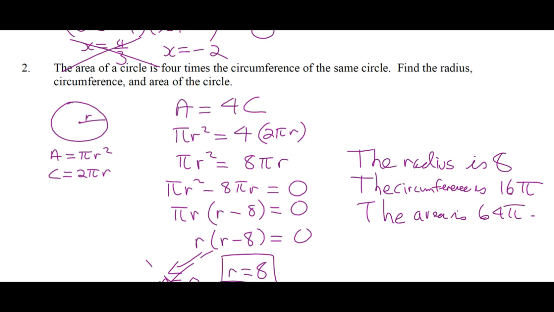Okay, so everybody good with the radius is 8, the circumference is 16 pi, and the area is 64 pi? Nobody's saying, wait, how'd you get 64 pi? So let's go back. The area of a circle is 4 times the circumference. Is 64 pi 4 times 16 pi? What's 4 times 16? 64.